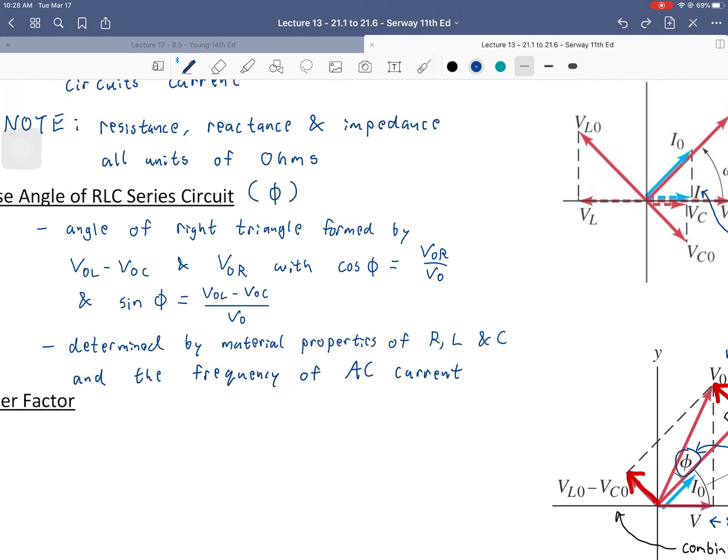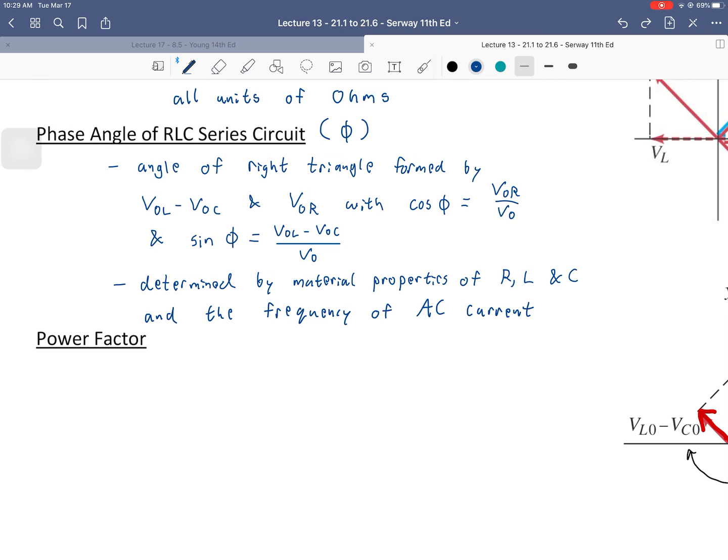But I'll remind you the formula is that reactance is calculated by inductance combined with frequency. Likewise, the reactance of the capacitor is combined with the capacitance of the capacitor and the frequency.